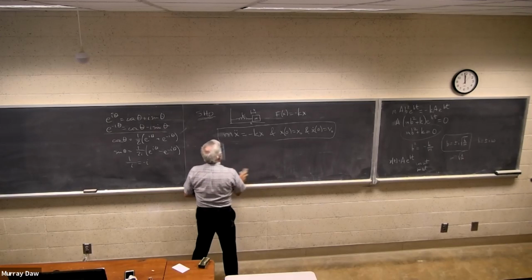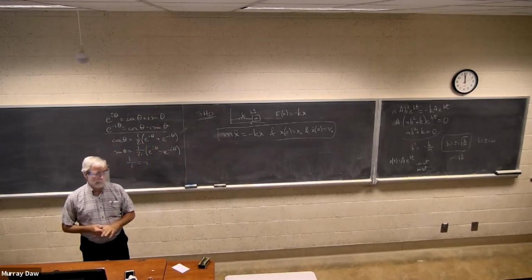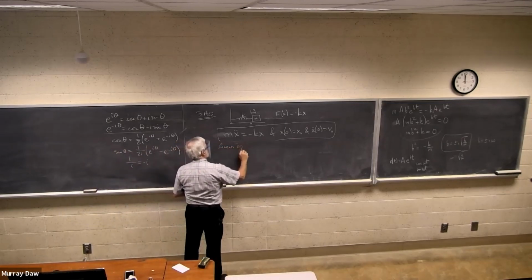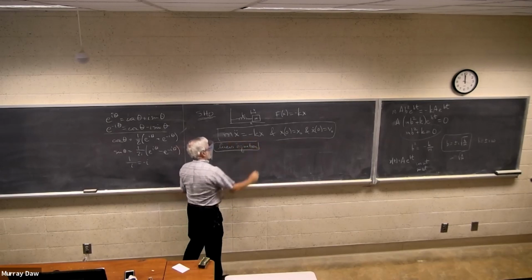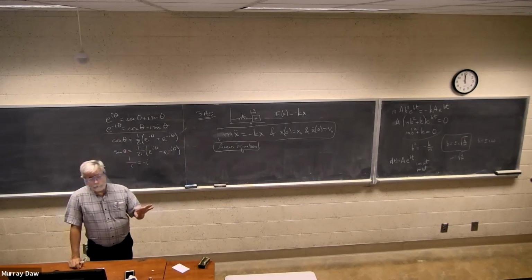So I want you to know that equations of this form are called linear equations. That means that X and its derivatives occur only on the first power. So there's no X squared.